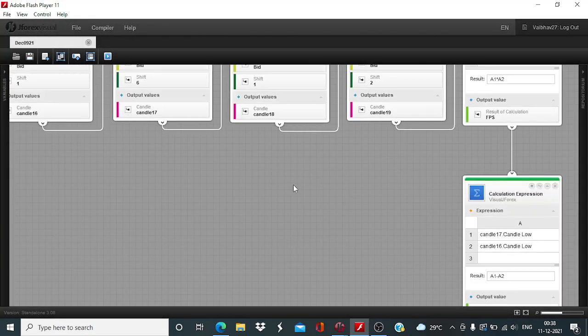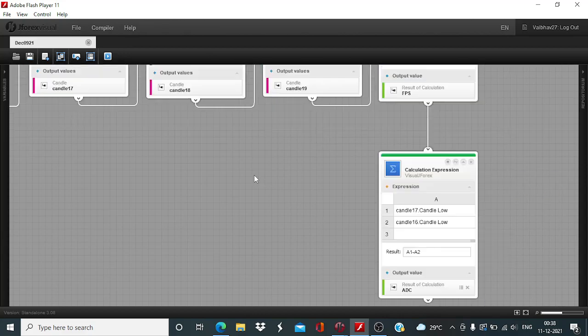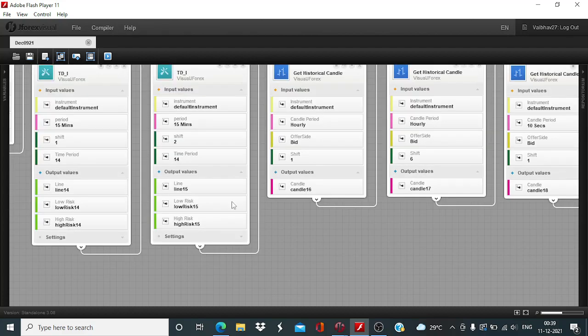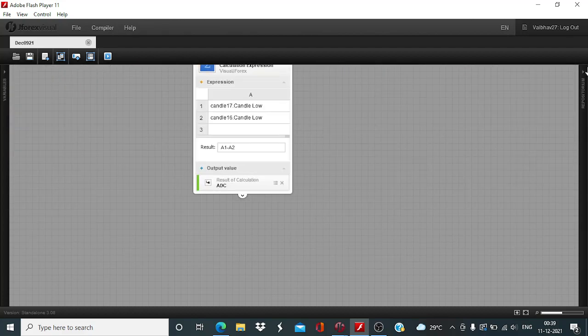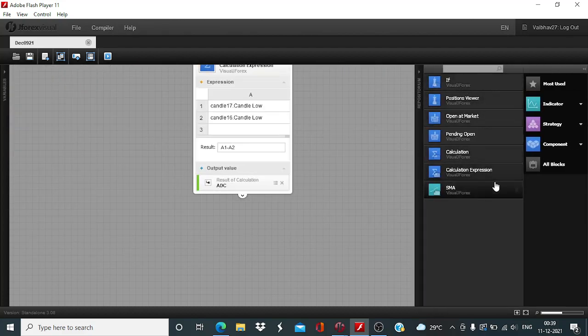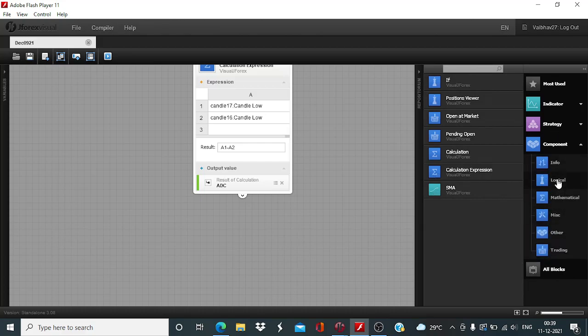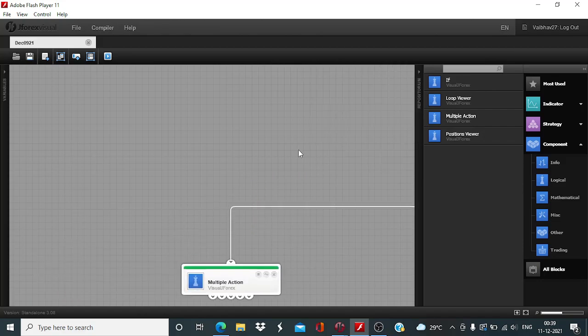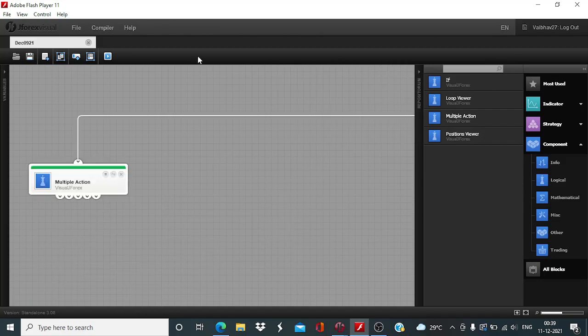All right, and now we can add multiple actions and start adding the if-else blocks for defining the conditions. For the time being, I will join it here. If needed, we can disconnect it and add additional blocks.